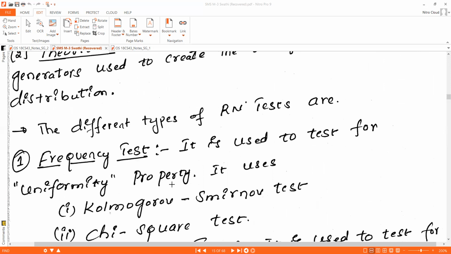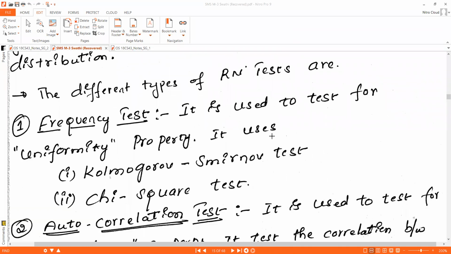Next we'll see the different types of random number tests. The first is the frequency test, which is used to test the uniformity property.